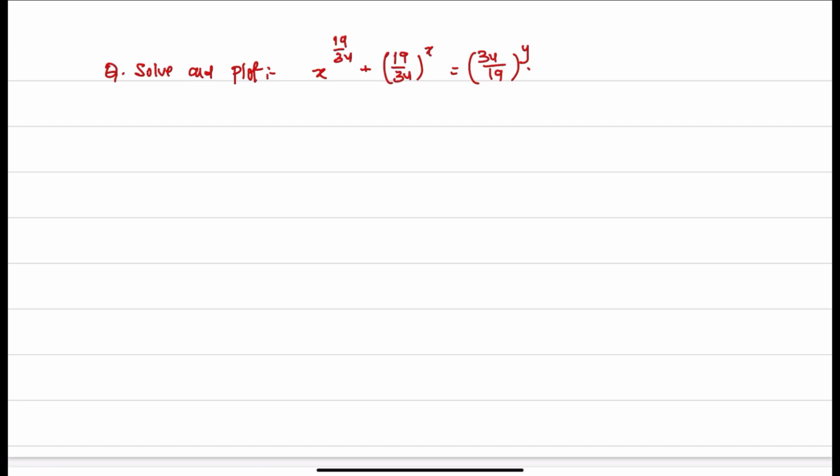Now we will find the solution. Can we write left hand side as right hand side and right hand side as left hand side? Interchange. 34 by 19 to the power of y is equal to x to the power of 19 by 34 plus 19 by 34 to the power of x.